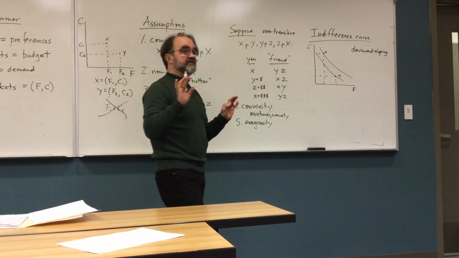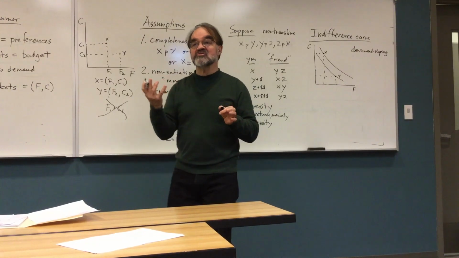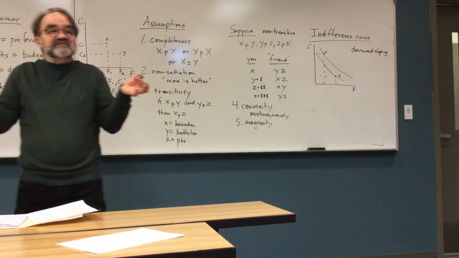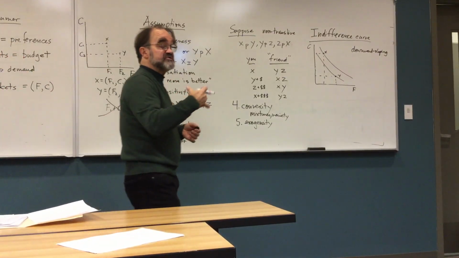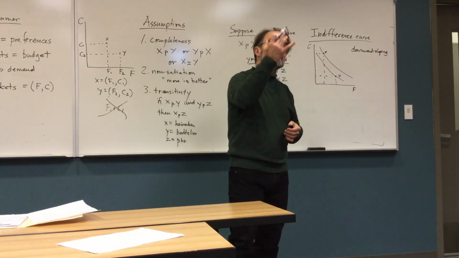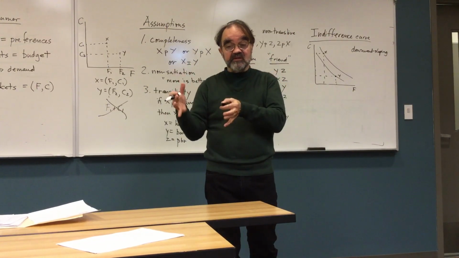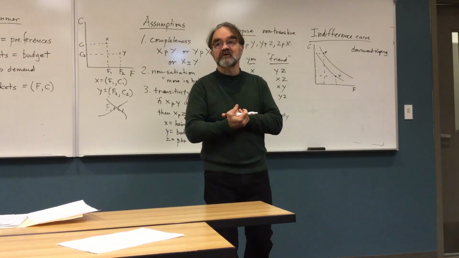We can't add loaves of bread, or avocados with sweaters. So you can't average. This is a meaningless concept. When we talk about spending money on them, which we'll get to a little bit later, then we can talk about the amount of spending, but we can't add up the quantities of the two different goods.